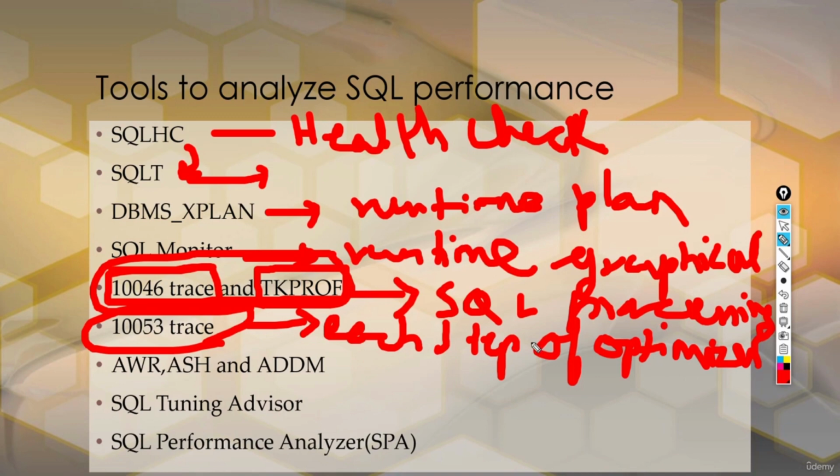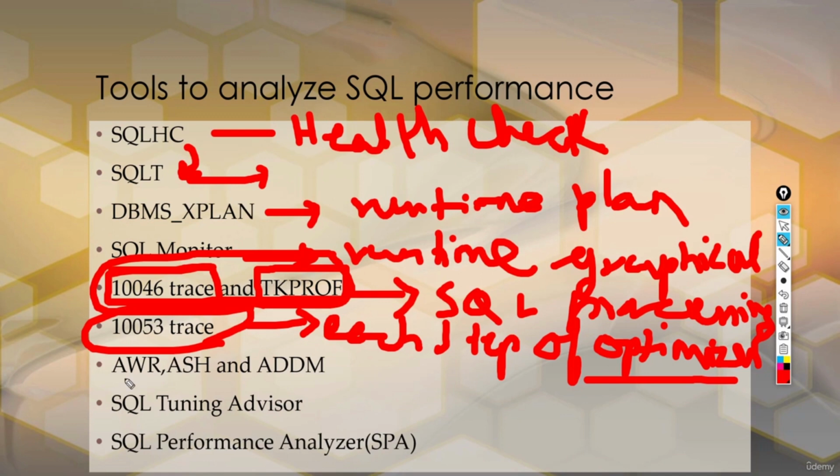It also shows index-related statistics and individual table statistics, like the number of distinct values, how many rows are in the table, the index clustering factor, the number of leaf blocks in the indexes, and also the height of the index. All these statistics are captured, and also the parameters which are modified during the optimizer's execution. So all this information is captured. Let us see it in a practical session.